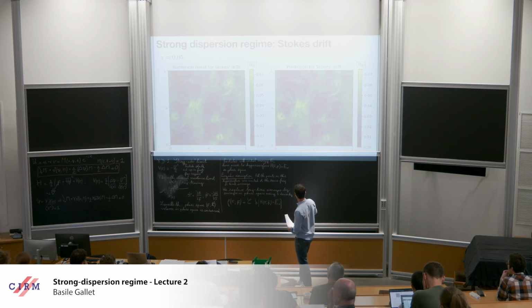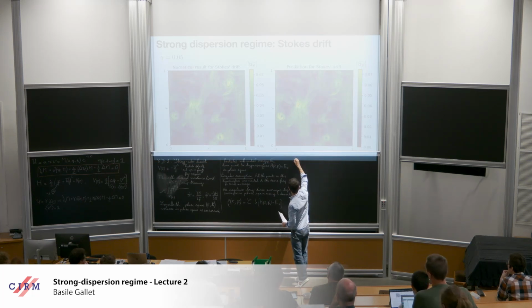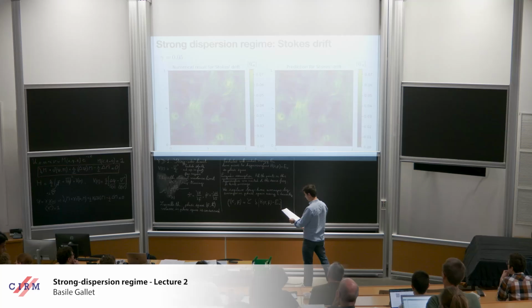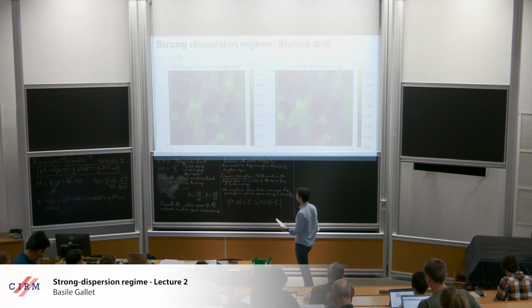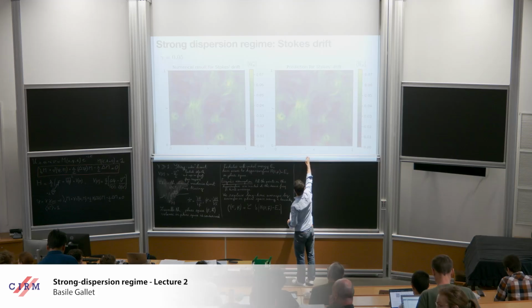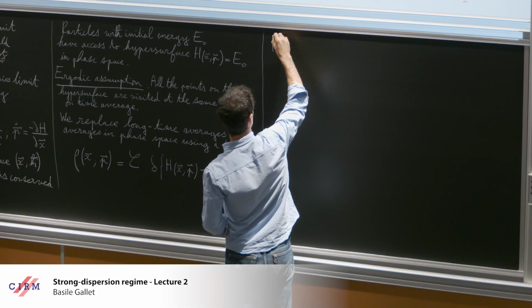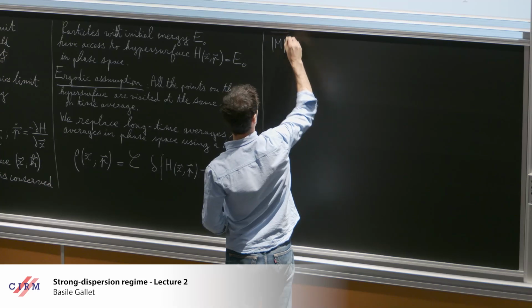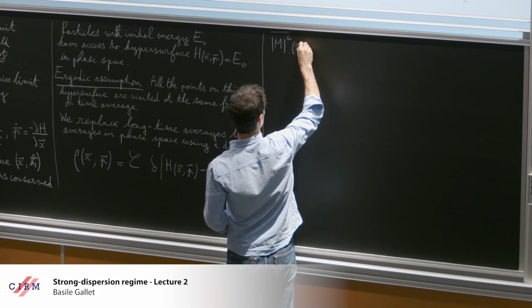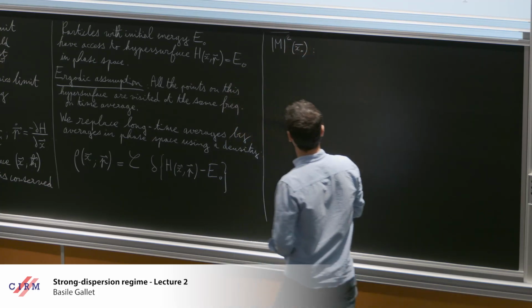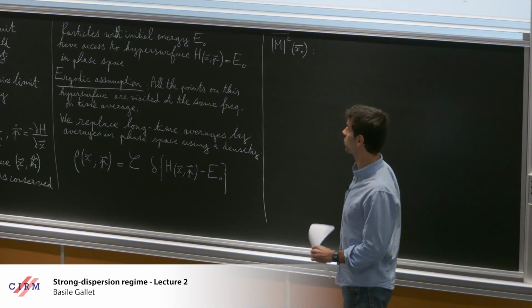So we can see what kind of predictions we get with that recipe. And so for instance, we can just look for the time average of the wave function squared at some position x0. Okay, so remember psi is the wave function.